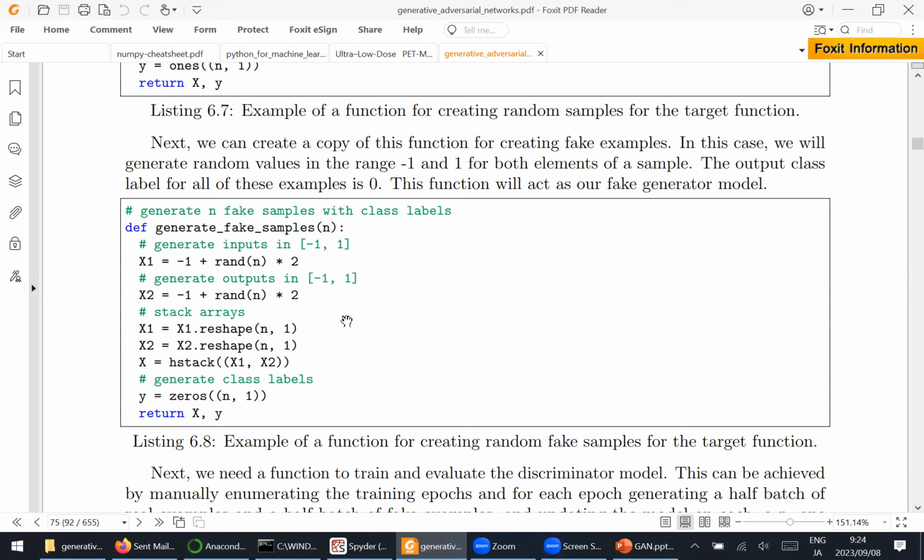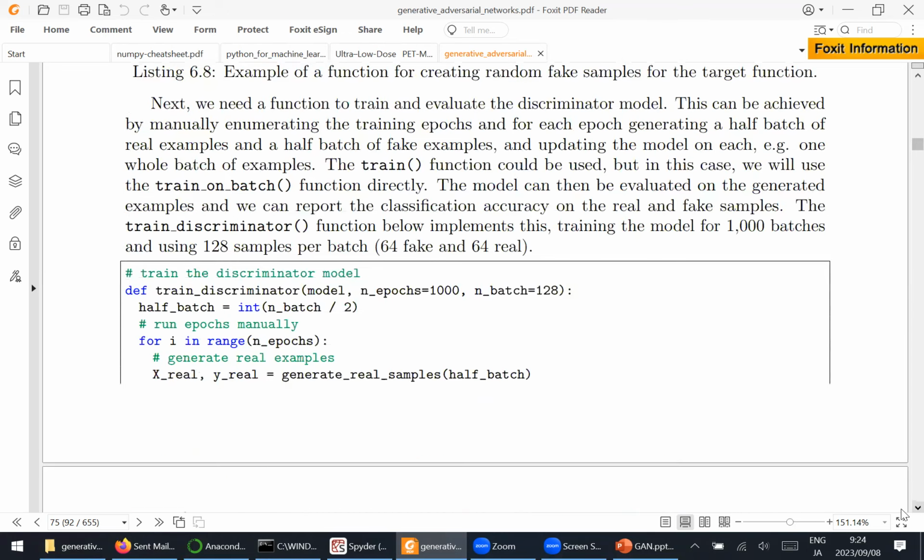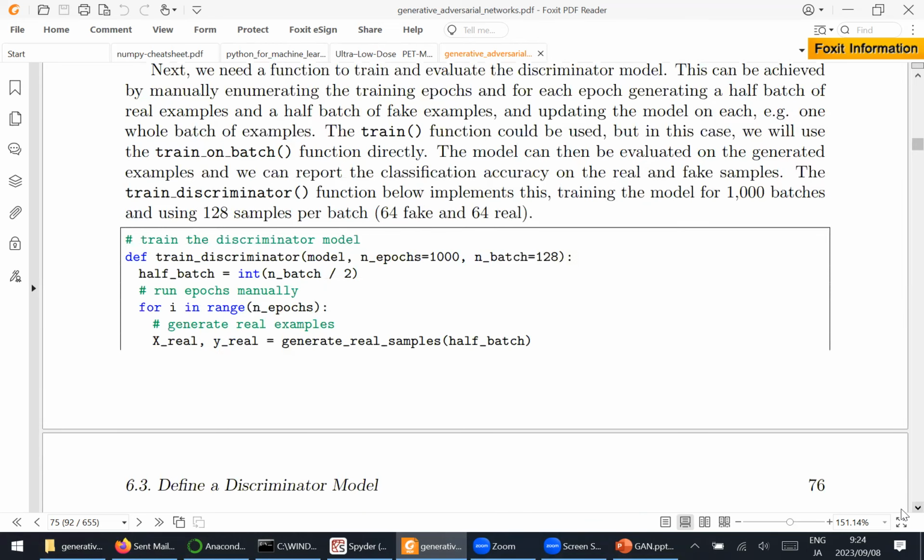It's kind of like I showed you yesterday. I made real samples that are curve shaped, and I had another, just fake, just random numbers. So this is a good first step of training. Then we're going to train the discriminator.